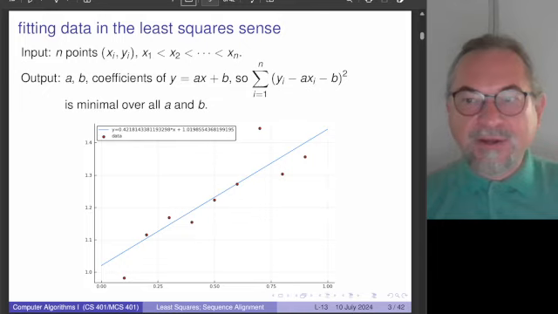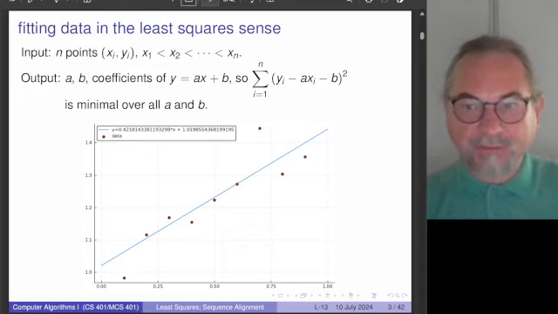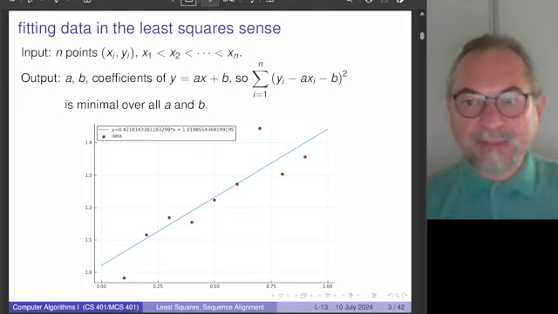So we are replacing the data with a line, or more precisely with 2 coefficients a and b. a is the slope of the line, b is the intercept. Over all possible lines, we are doing this so that the sum of the squares of the errors is minimized. We have the observed, given y values, and the value our line tells us, and we are minimizing those distances.